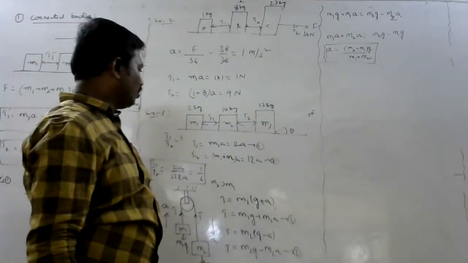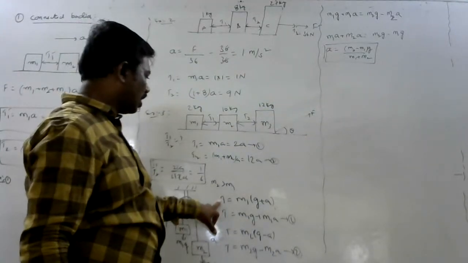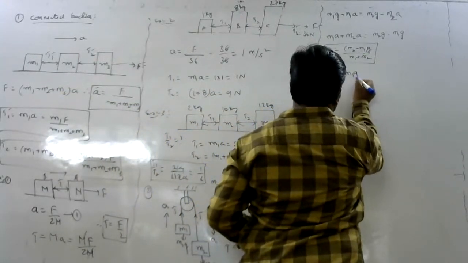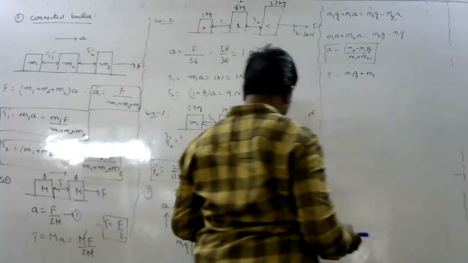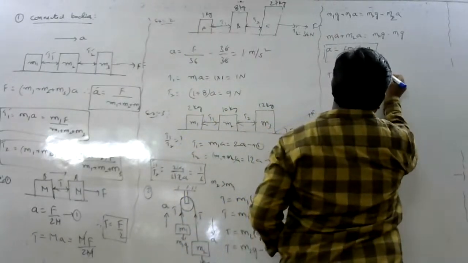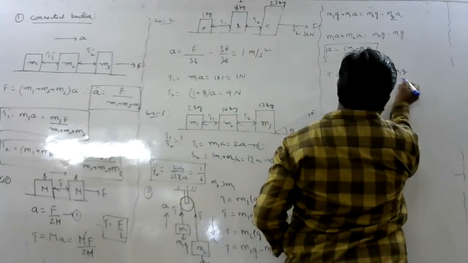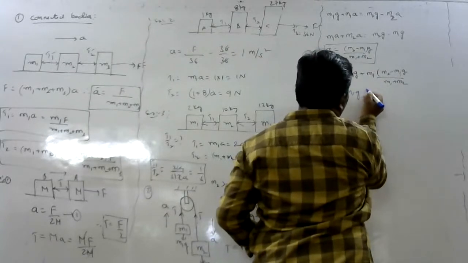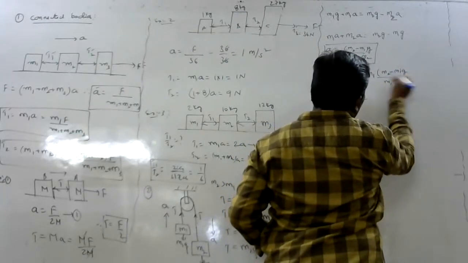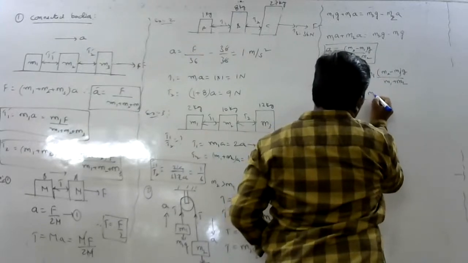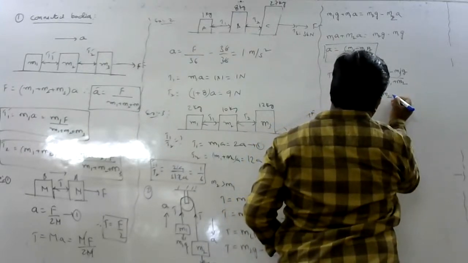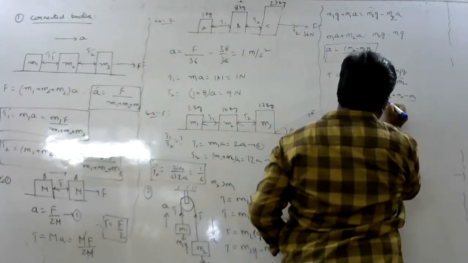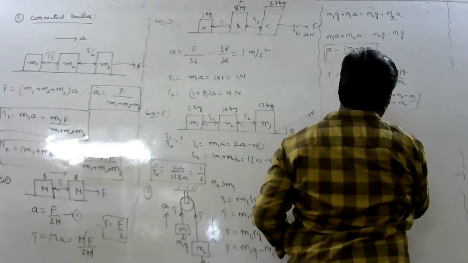That acceleration will be substituted in equation 1. So T is equal to m1g plus m1 into a, where a means m2 minus m1 into g by m1 plus m2. Here m1g will be common. So the LCM is m1 plus m2, plus m2 minus m1, by m1 plus m2.